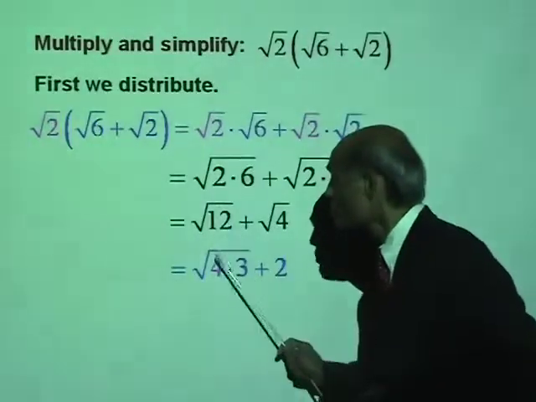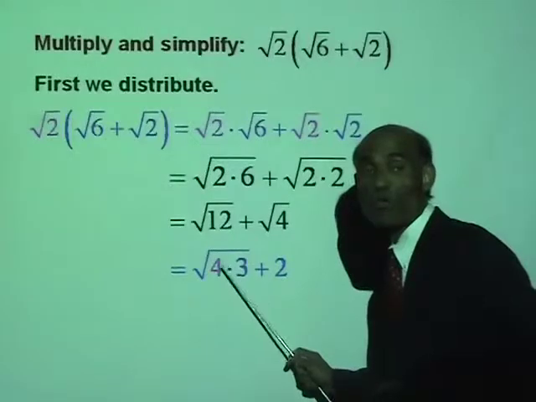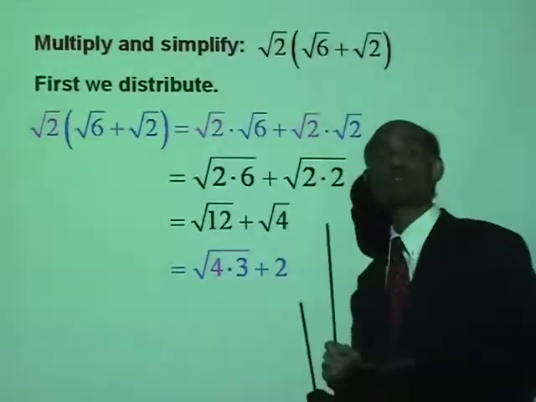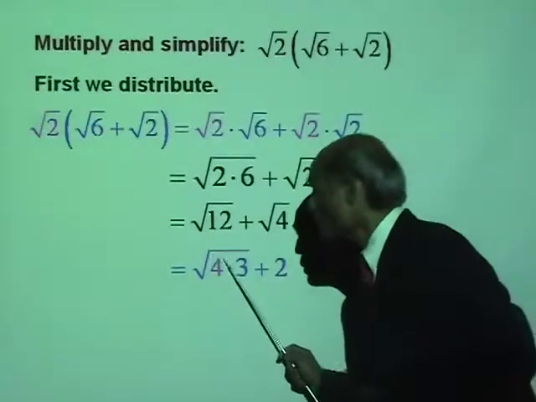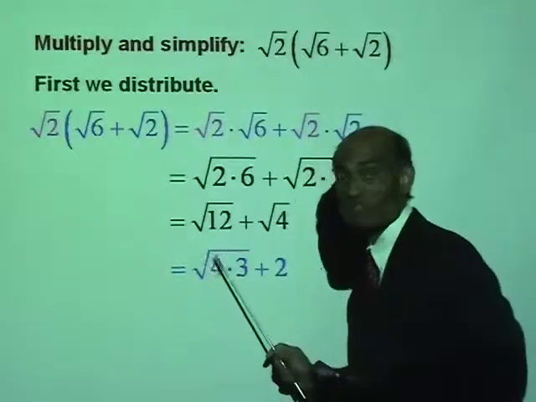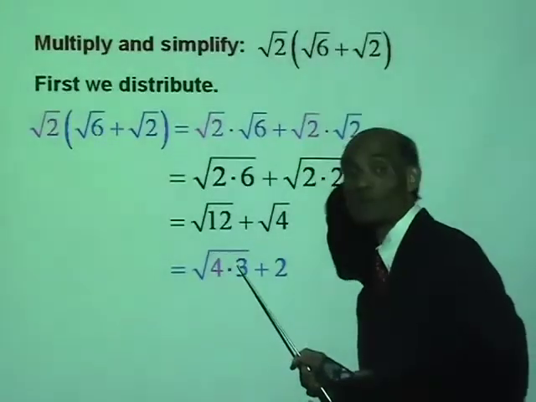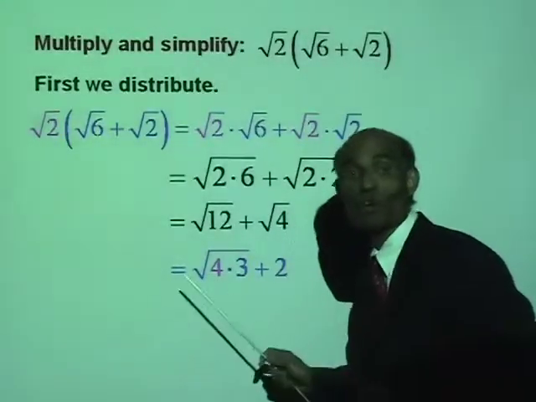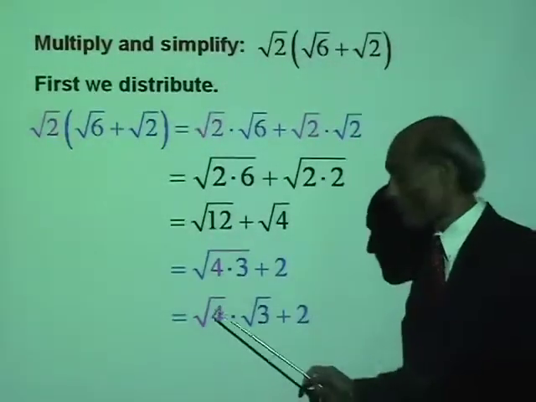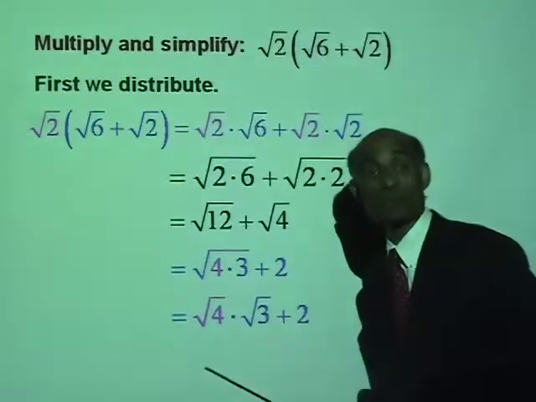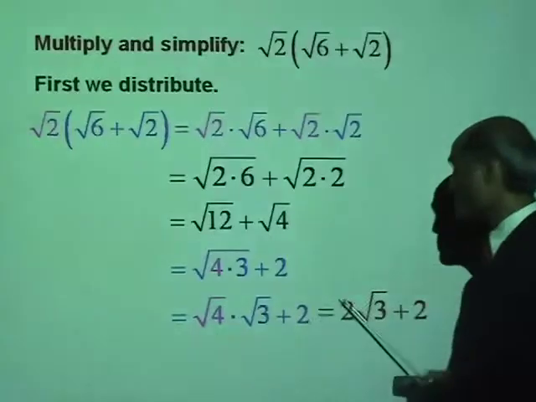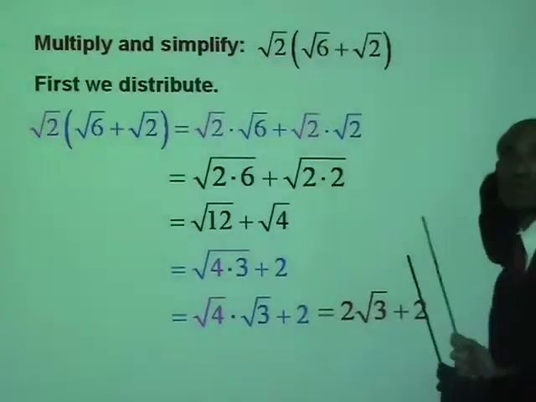So square root 12 is square root of 4 times 3 plus square root 4 is 2. Now, what's the next step? Split that into two pieces. Square root of 4 times 3 is square root 4 times square root 3 plus 2. And square root 4 is 2. So we got the answer. What's the answer? That would be 2 square root 3 plus 2.